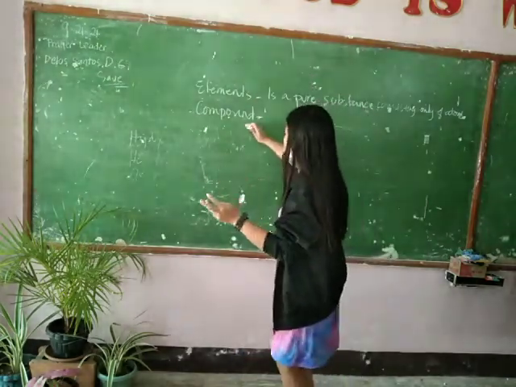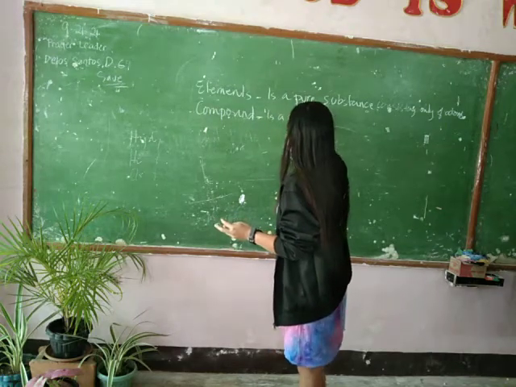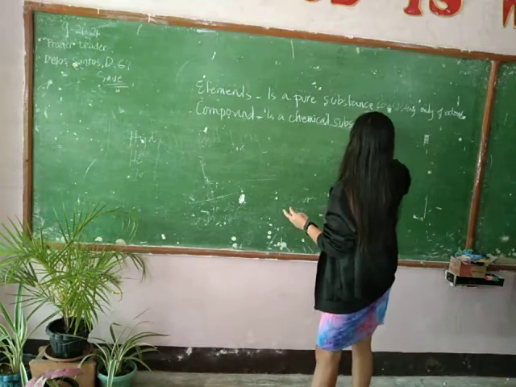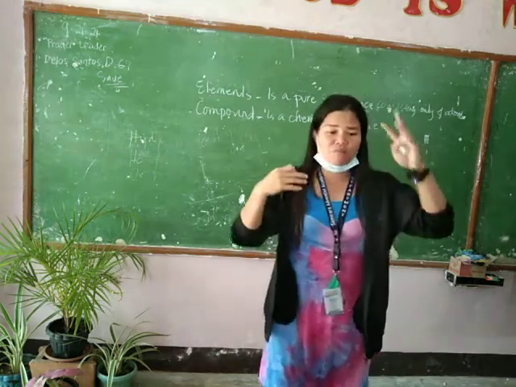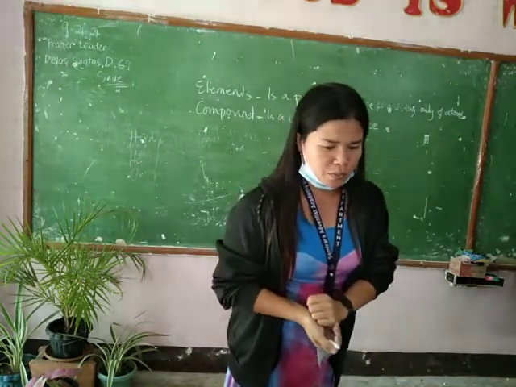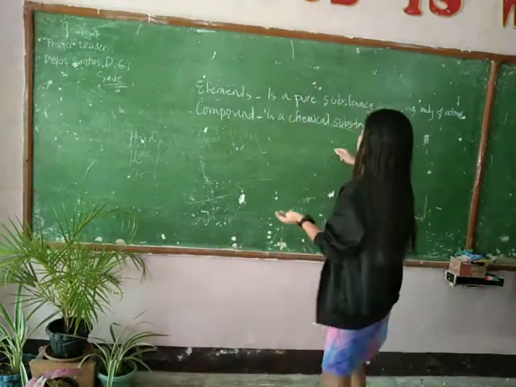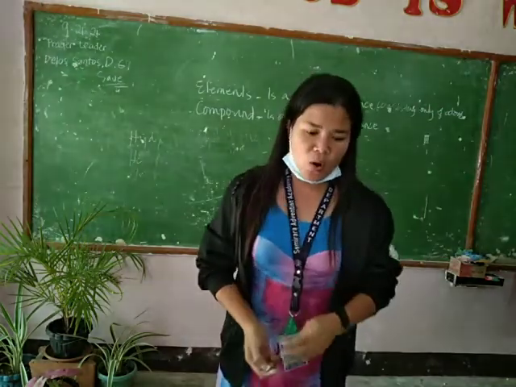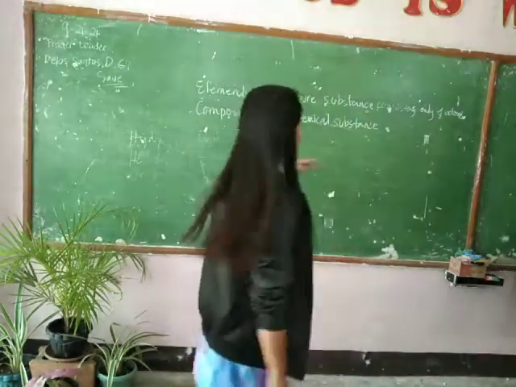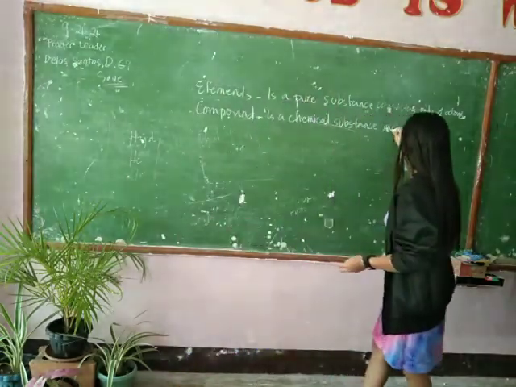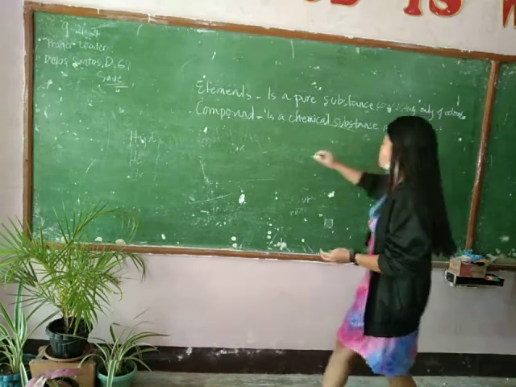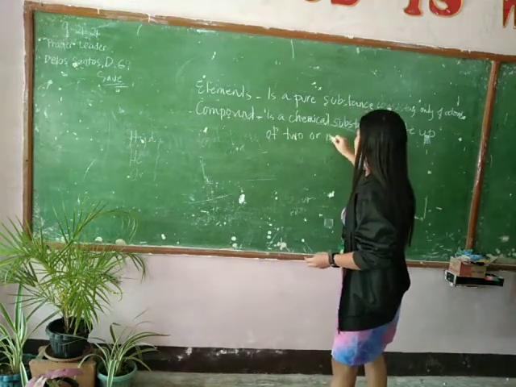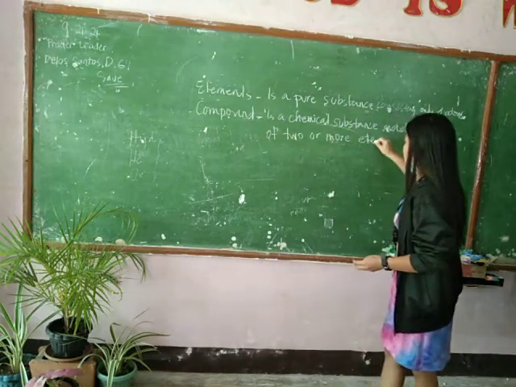So, compounds is a chemical substance made up of two or more elements.